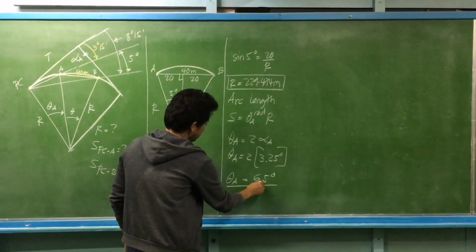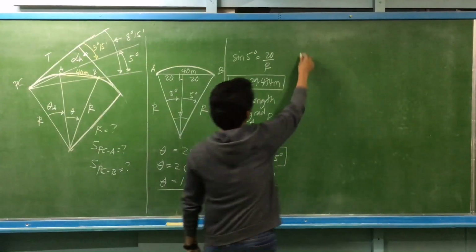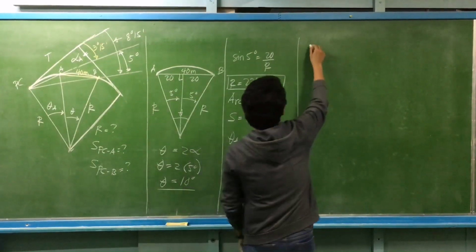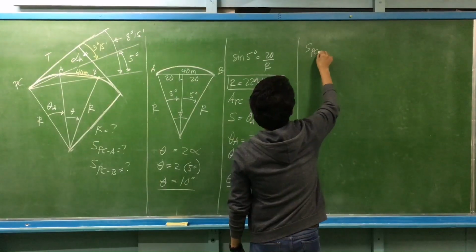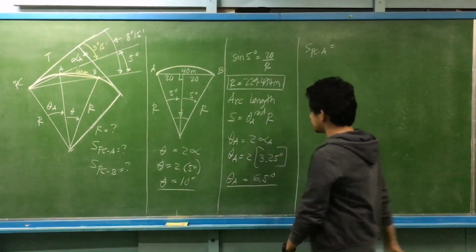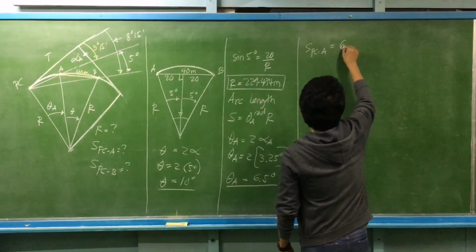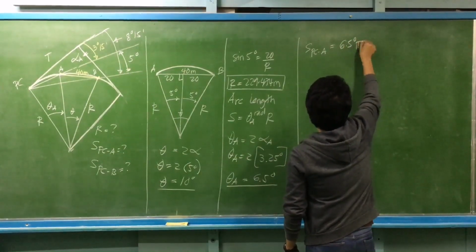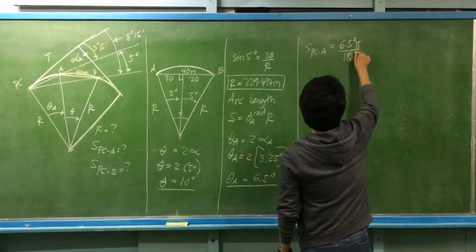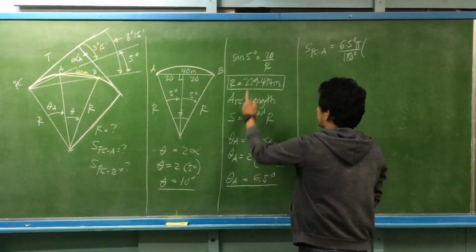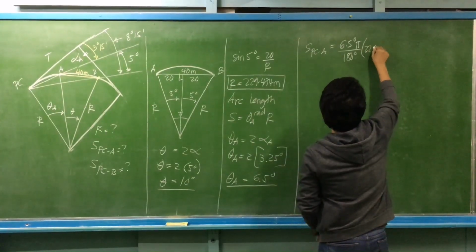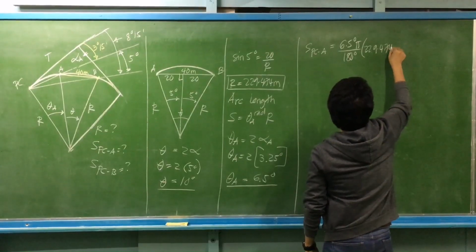So this is 6.5 degrees. So kunin natin, this is the arc length from PC to A. What is the equivalent central angle up to point A? That is 6.5 degrees times pi over 180 degrees para maging radian multiplied by the computed radius, 229.474.